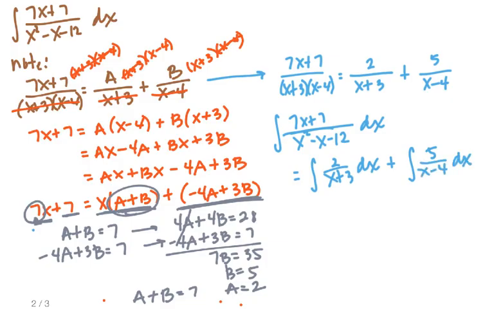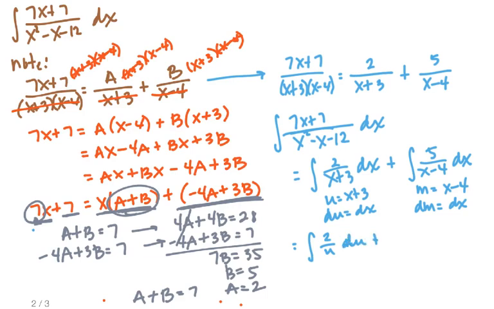Now I wrote them as two separate integrals because we need u sub. Let's let u equal x plus 3, then du equals dx. And this is not the same u, so let's let m equal x minus 4. So dm equals dx.